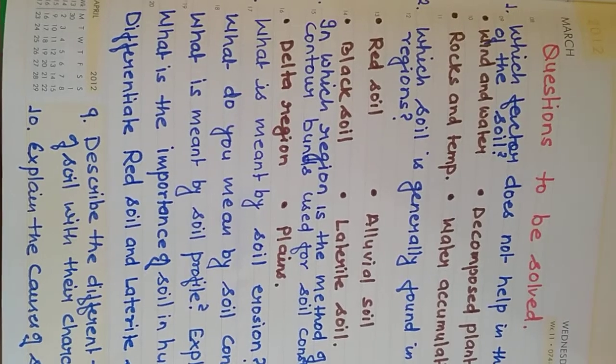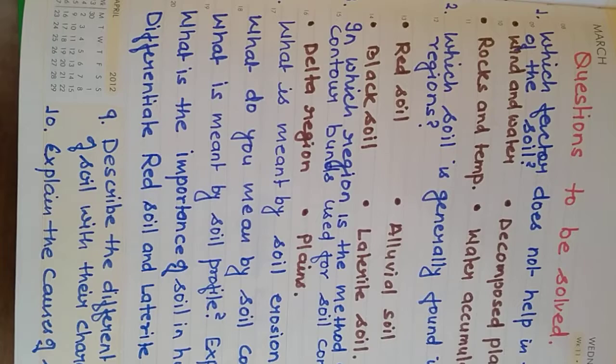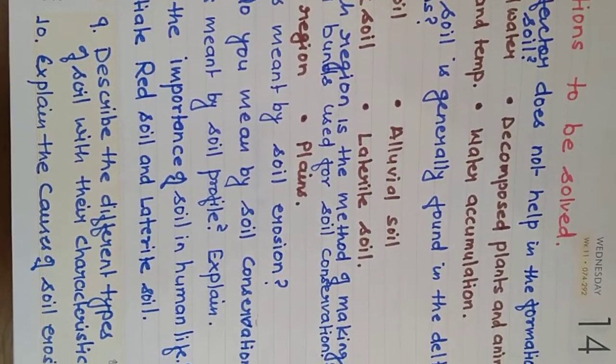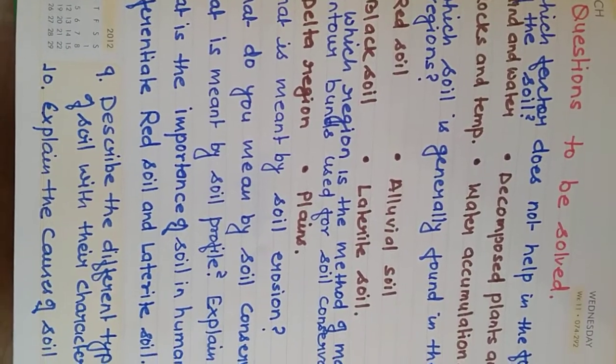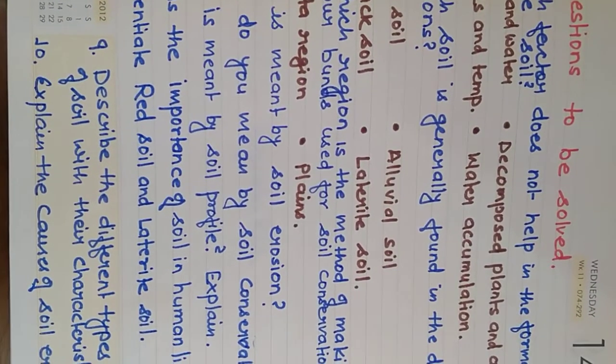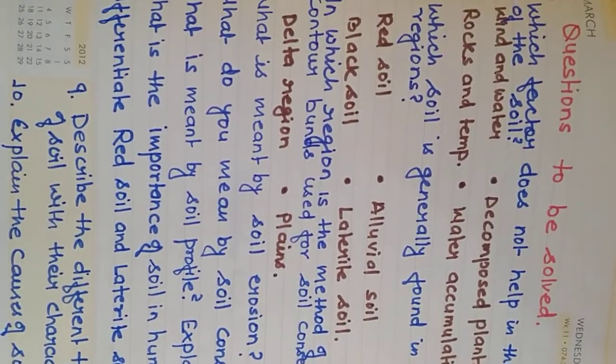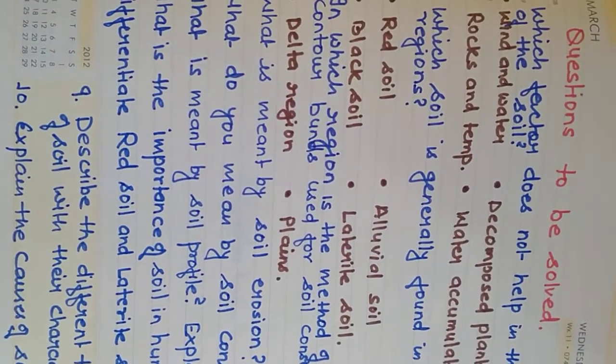Your options are red soil, alluvial soil, black soil, laterite soil. Your third question is, in which region is the method of making contour bunds used for soil conservation? Your options are delta region and plains.